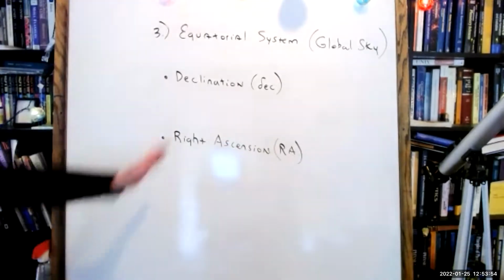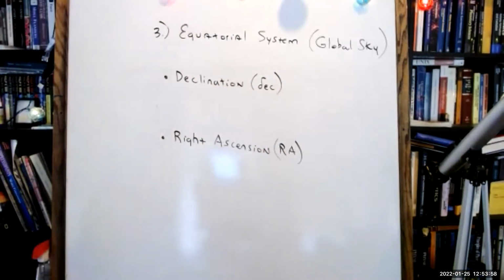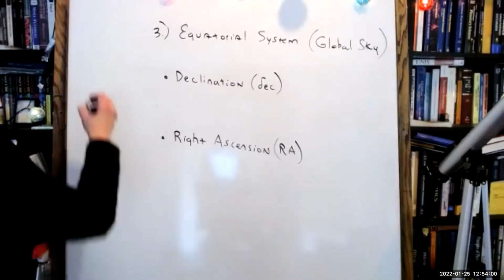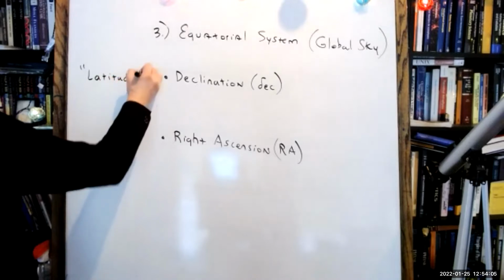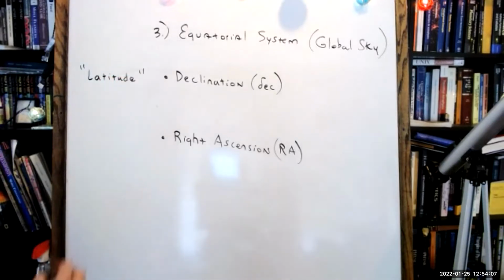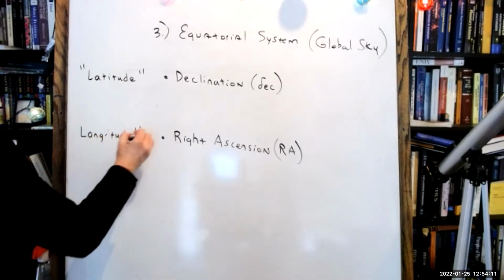Astronomers, when they talk to each other, will say, what's the RA and dec of that star or galaxy? Declination is the coordinate that's very much like latitude. Right ascension is the coordinate that's very much like longitude.